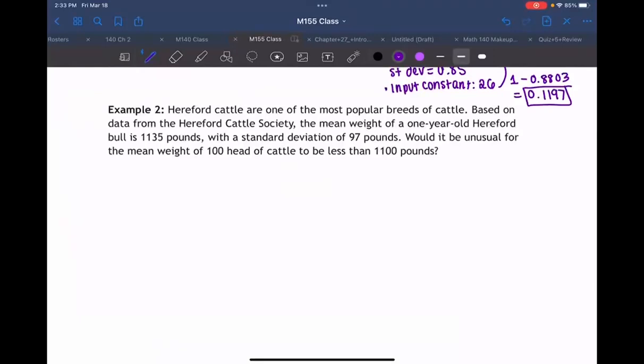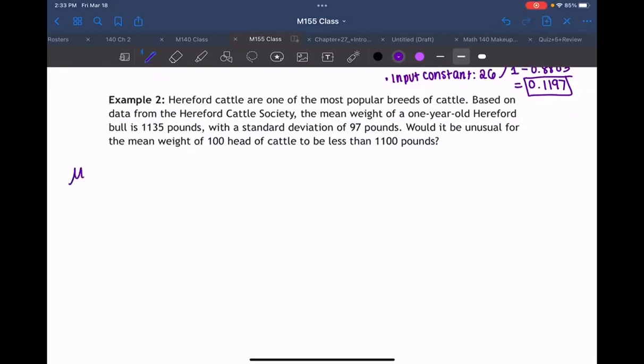Based on this Hereford Cattle Society, the mean weight of a 1-year-old bull is 1,135 pounds. So let me just write that down in the corner. And it tells us that the standard deviation is 97. So of course, I'll write that down too.